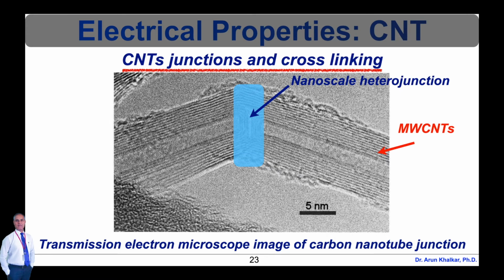The electronic properties of such junctions were first considered theoretically by Professor Lambin, who pointed out that a connection between a metallic tube and a semiconducting one would represent a nanoscale heterojunction. Such a junction could therefore form a component of a nanotube-based electronic circuit. The image shows a junction between two multi-walled nanotubes.